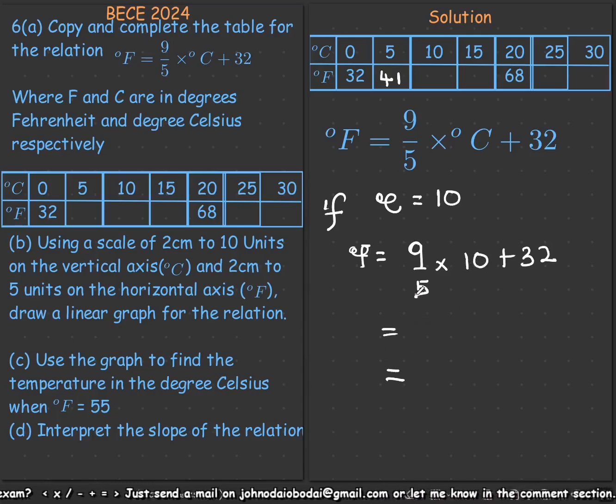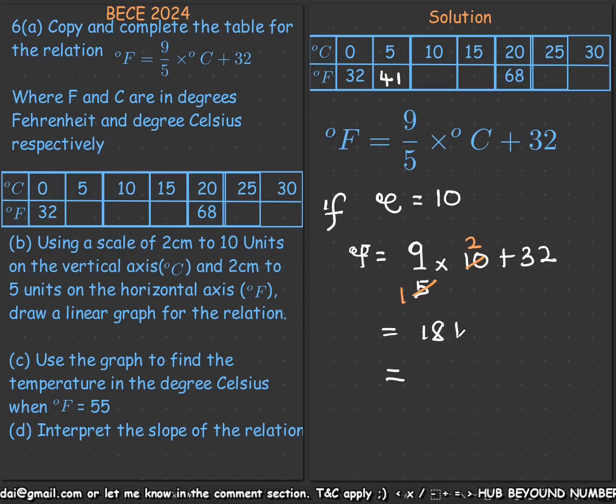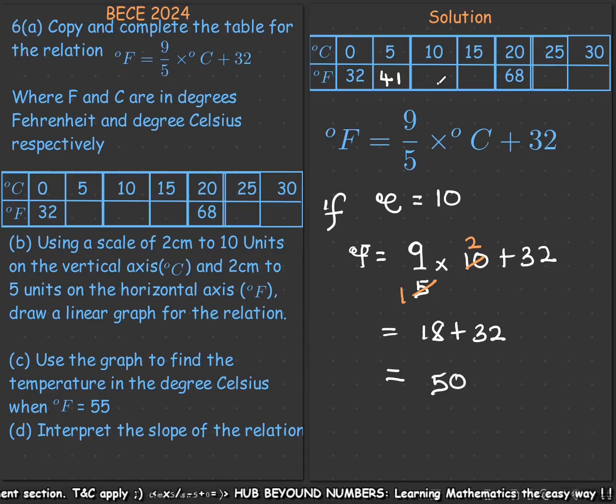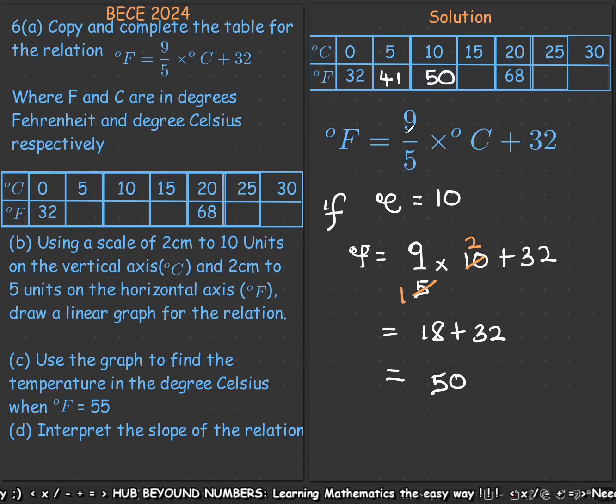Simplifying further, 5 divides into 10 twice, where we are going to get 9 times 2, which gives us 18 plus 32. The 18 plus the 32 gives us 50. So we write 50 under the 10.